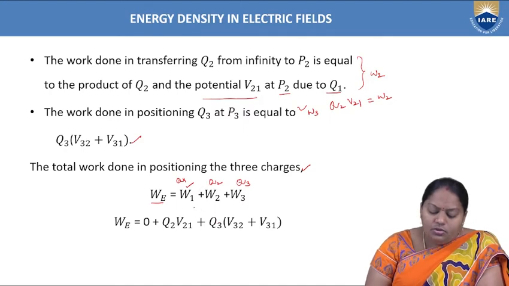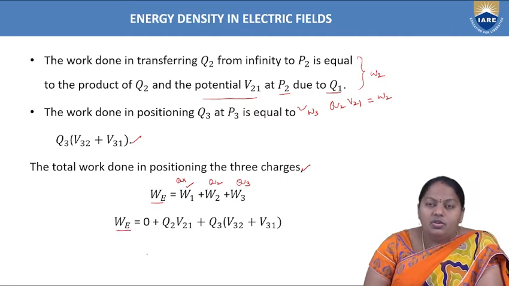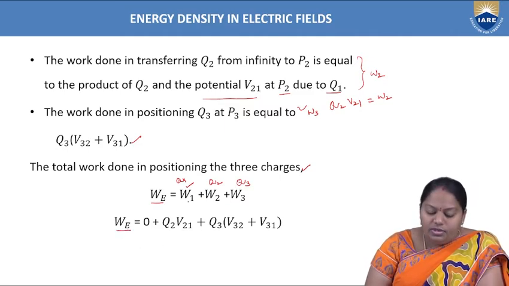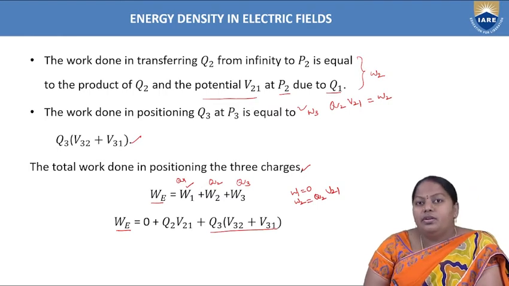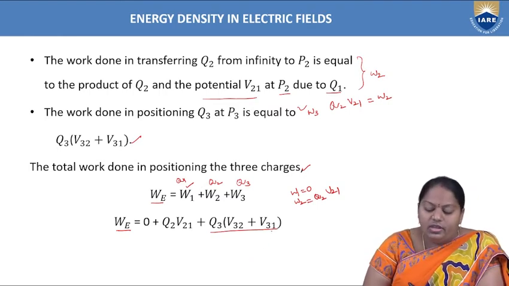Now substitute, already we have analyzed W1, W2, W3. Then WE equal to 0 for the first case. Why? Because initially it is a charge free region, hence W1 equal to 0. W2 is Q2 multiplied with V21 and W3 is given by Q3 into V32 plus V31.